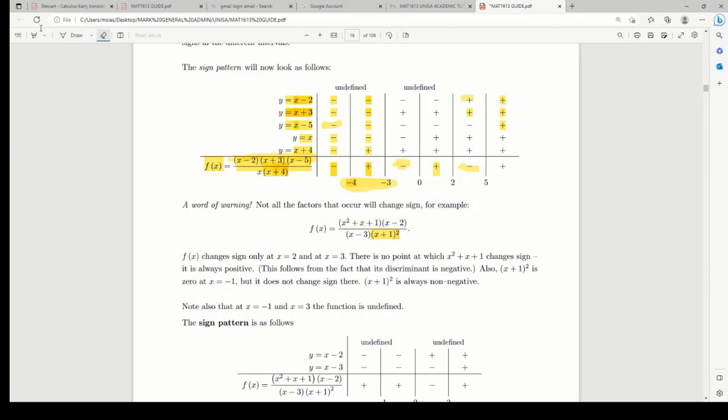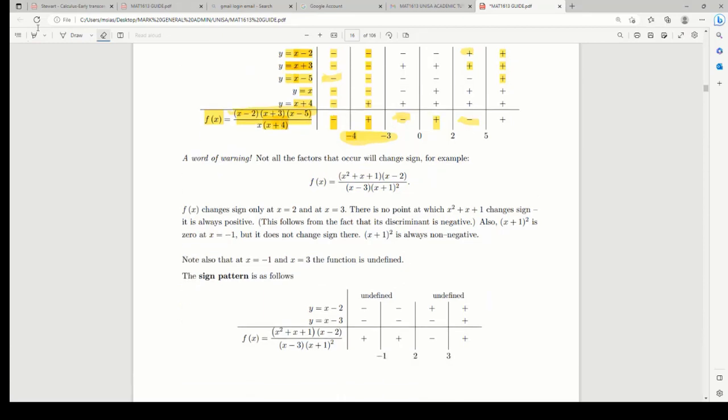The ones that do not pose a problem are this one, always positive, and this one in the denominator that I already marked, always non-negative. It can be 0, but it's non-negative. The ones of interest really are x minus 2 and x minus 3.